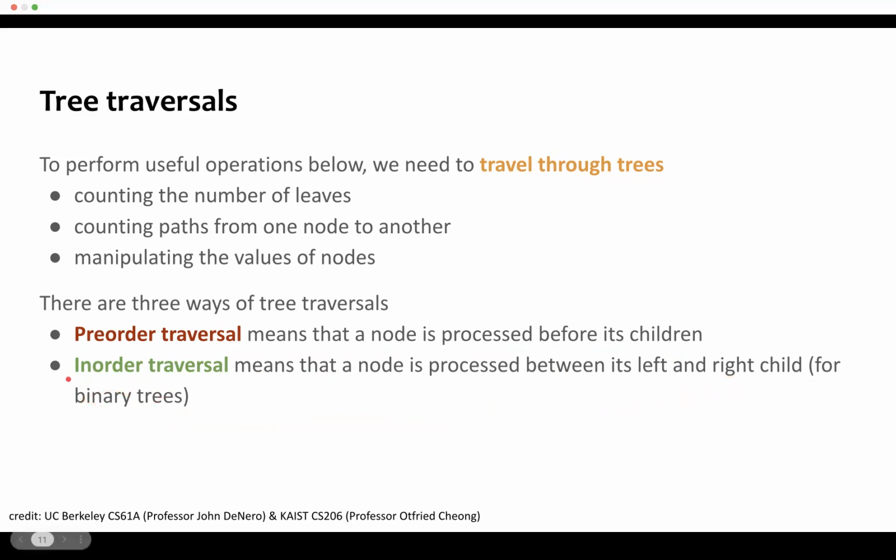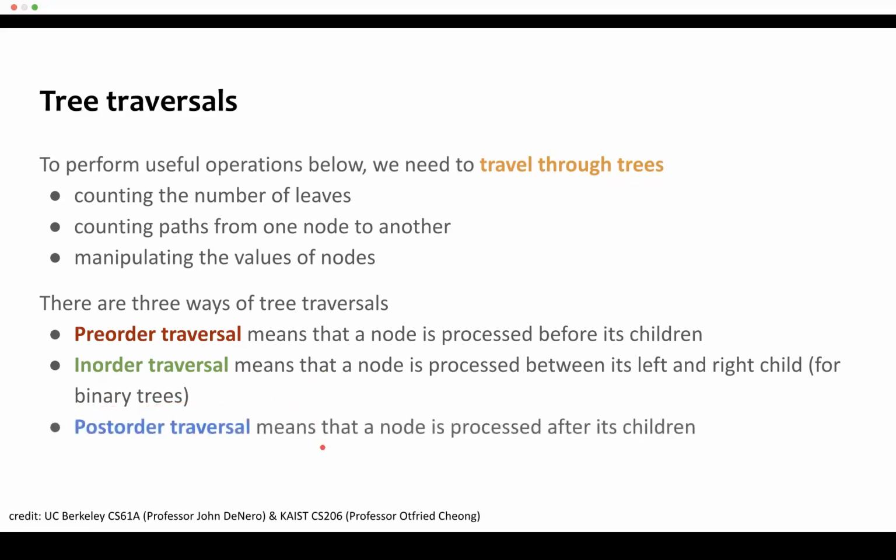So we cannot define in-order traversals for other types of trees, but only for binary trees. We're going to have a look at concrete examples of pre-order, in-order, and post-order traversals later in this slide. And post-order means that a node is processed after its children.